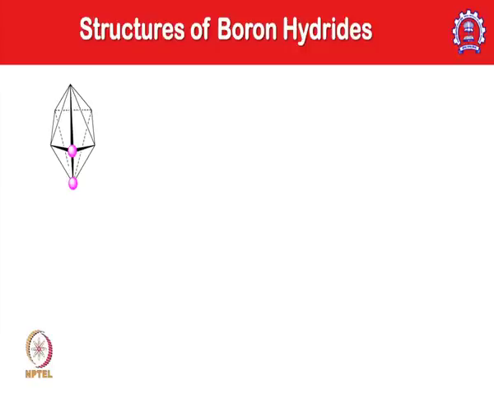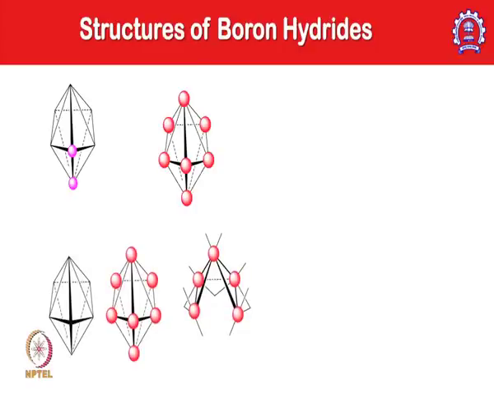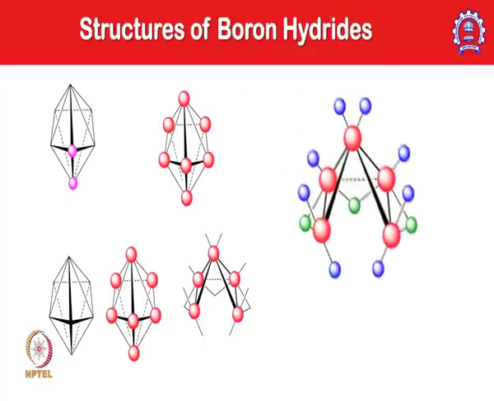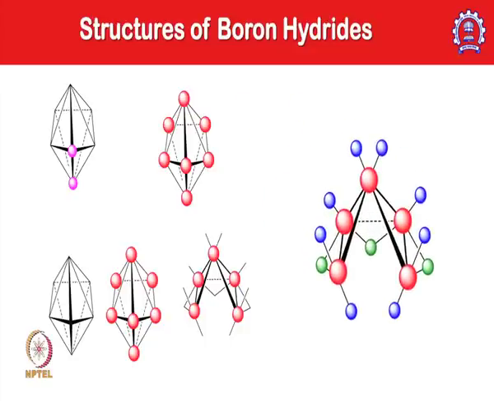From that, by removing 1 or 2 boron atoms, you can generate several other boron cluster types. They can again be either neutral or anionic, and you can see one example that I have shown here.